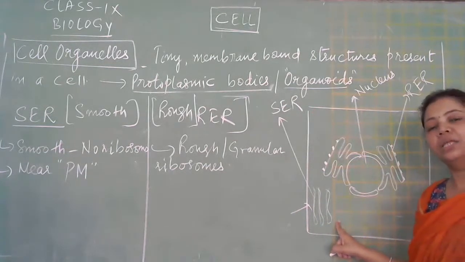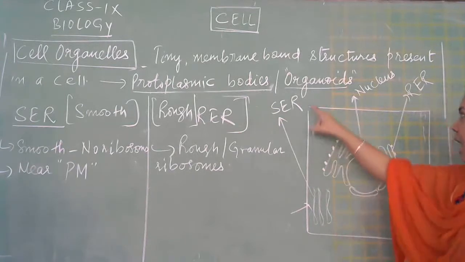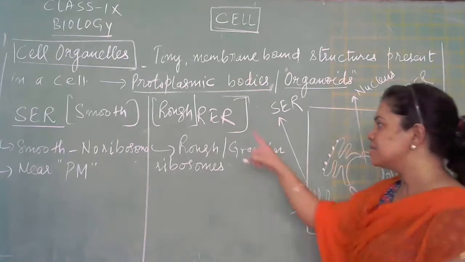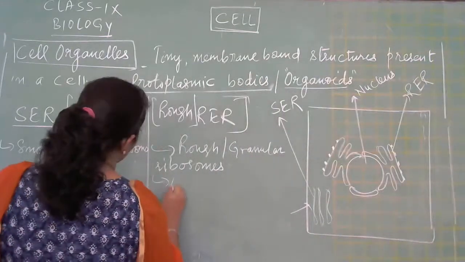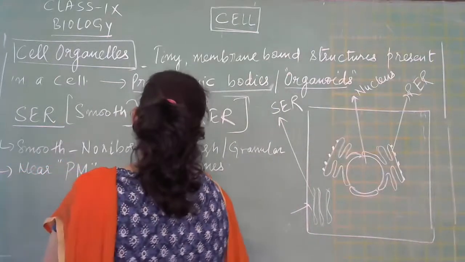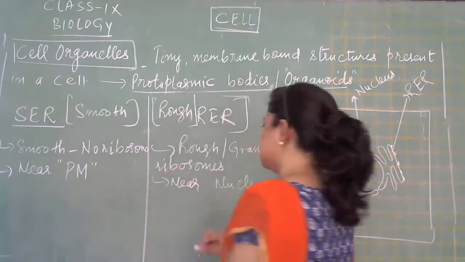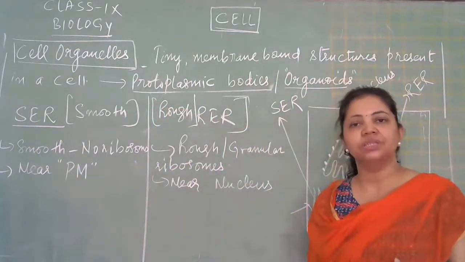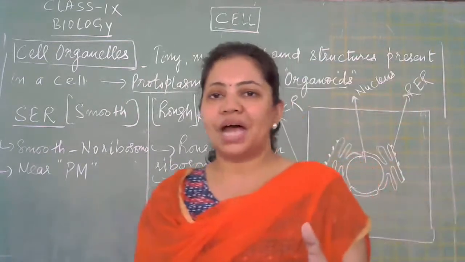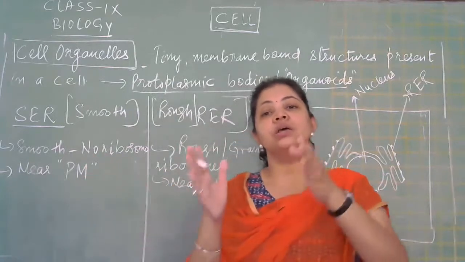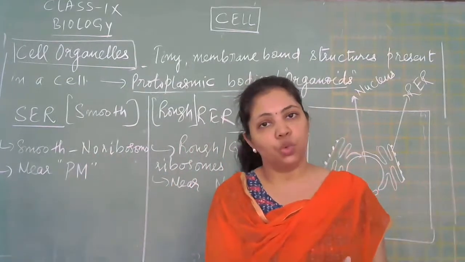तो सेल के अंदर जो SER है वो हमेशा आपको सेल मेम्ब्रेन के पास मिलेगा, राइट? Whereas rough endoplasmic reticulum, it is always observed near nucleus. In fact, it is believed that rough endoplasmic reticulum is formed from the outer membrane of the nucleus.